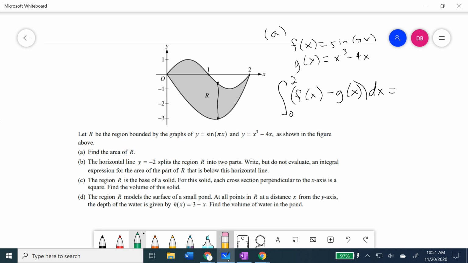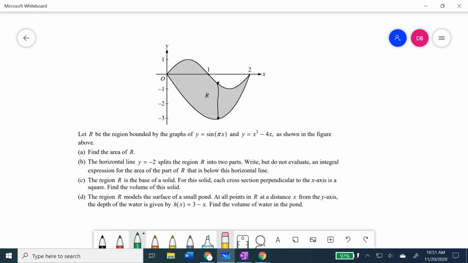And I'm going to erase the previous work so that there's room here. Okay, for B, you are told a horizontal line y equals -2. They were kind enough to say horizontal line.